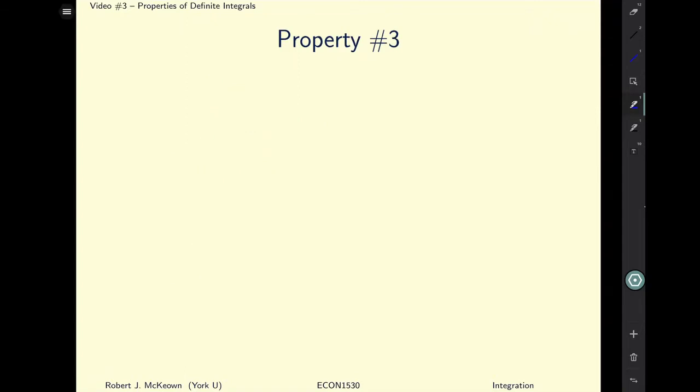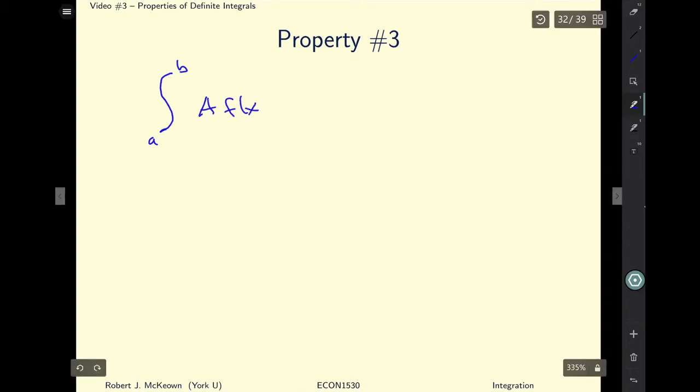Property number 3 is going to look familiar. Remember, these are the properties of definite integrals. So if I've got b, I've got a here, and then I've got, how about a f of x dx, where a is a constant real number. It can be any number.